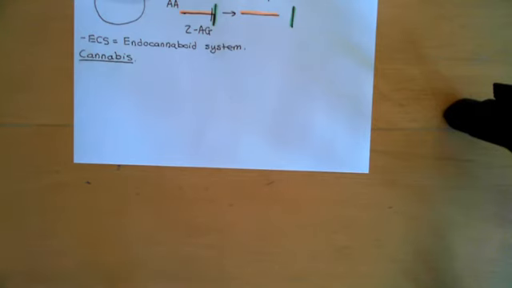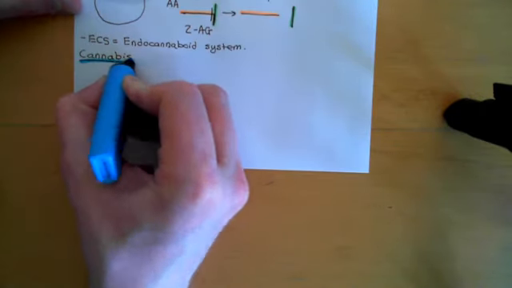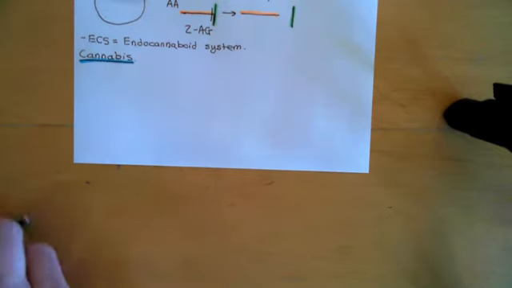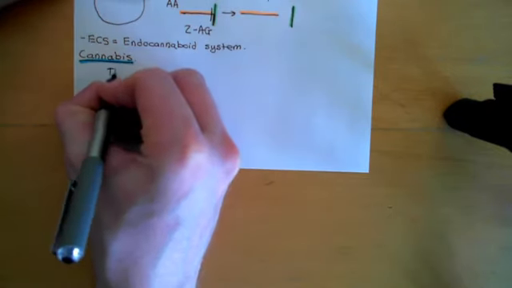Okay, so what is the main cannabinoid in cannabis? And I should probably say that there are actually loads of different cannabinoids in cannabis, loads of different molecules that are capable of activating the cannabinoid receptors. But the main one is what's known as delta-9 tetrahydrocannabinol, or often it's just abbreviated down to THC.